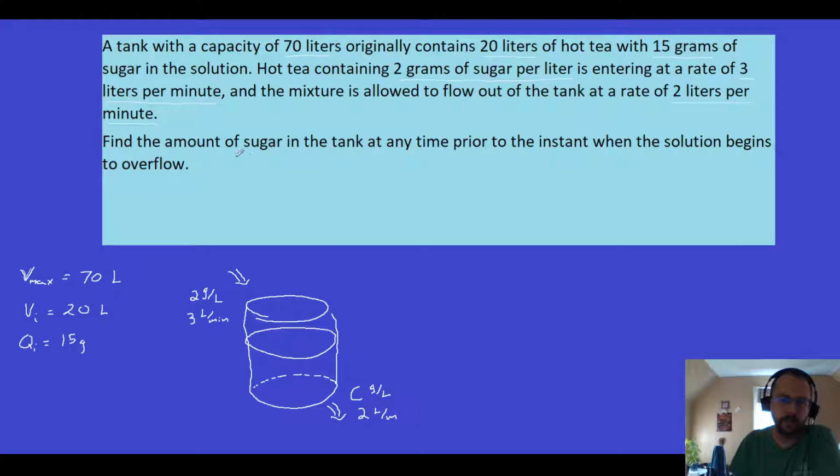And that leads us to the question: find the amount of sugar in the tank at any time prior to the instant when the solution begins to overflow. So we want to know the amount right at the point when it's about to overflow. So we have, let's see, this is 20 liters, and this is 15 grams inside that 20 liters.